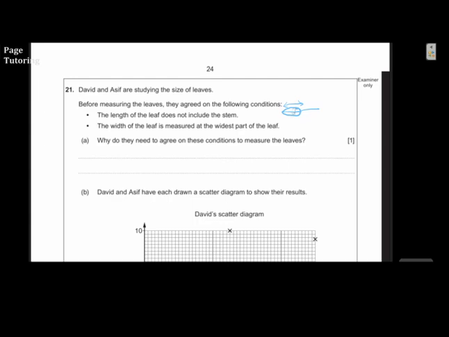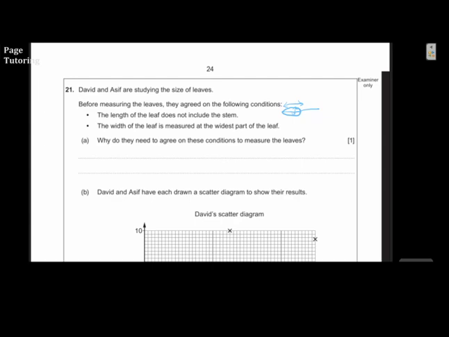Why did they need to agree on these conditions to measure the leaf? Well, they need to agree on that because if they hadn't spoken about it, it could be that David was measuring with the stem, and it could be Asif was measuring the leaf at random positions. So the data would be super varied. It just wouldn't be representative of what they're actually finding.